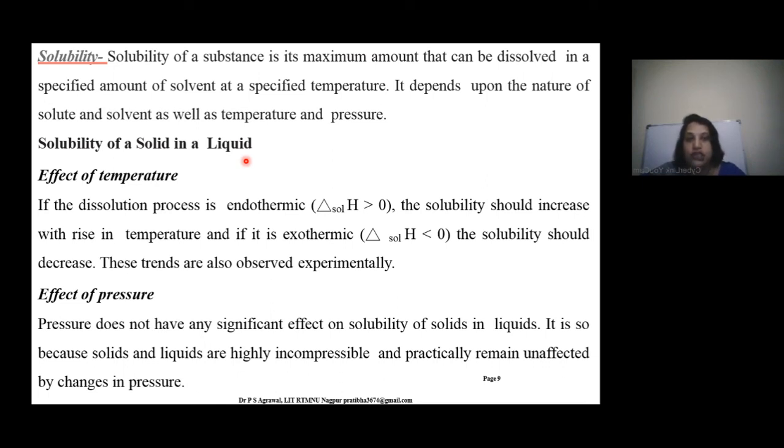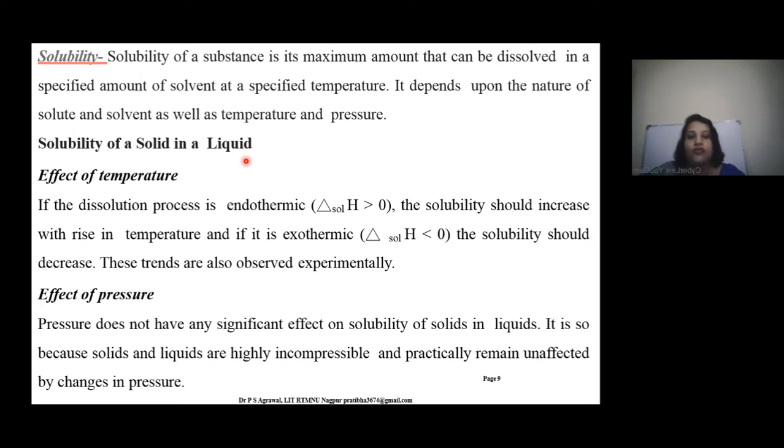And if by chance it is exothermic, the solubility should decrease. This we can easily observe experimentally also. Effect of pressure: pressure does not have a significant effect on the solubility of a solid in liquid. It is so because solids and liquids are highly incompressible and remain practically unaffected by change in pressure.